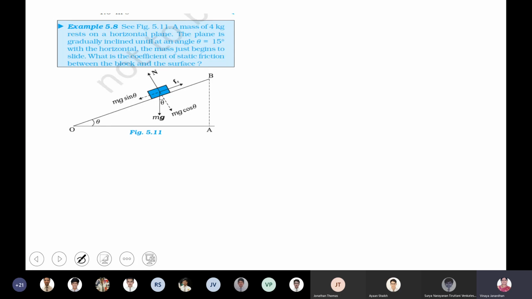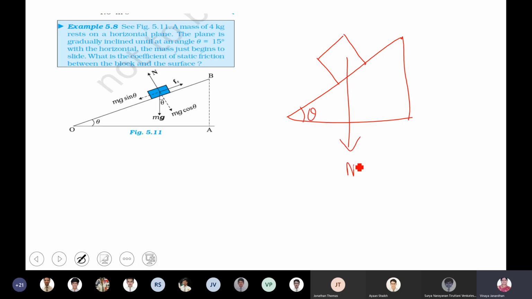Right? So the body just begins to slide. So Fs maximum was, if you suppose that, can you check this diagram? You have a block. This block diagram you need to understand. The weight is going to act vertically downwards. The normal reaction N will be acting perpendicular to the surface.